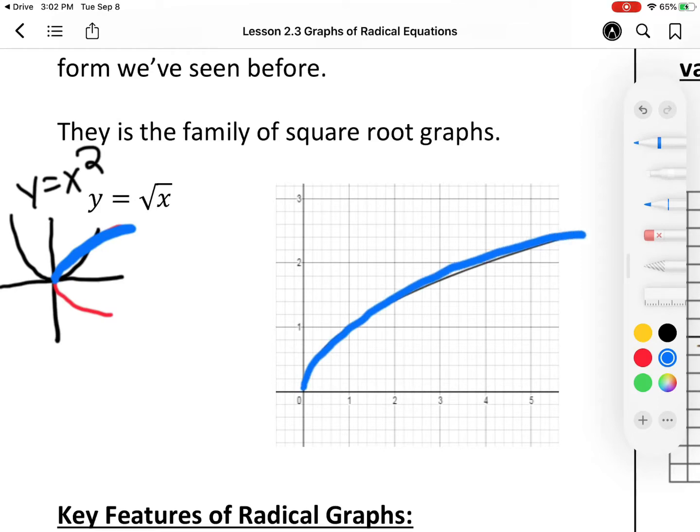Now, parts of this graph, and I'm going to erase this for a second, it is slowly going to get really, really close to x is 0. But it's not actually going to cut it, or actually going to touch it.